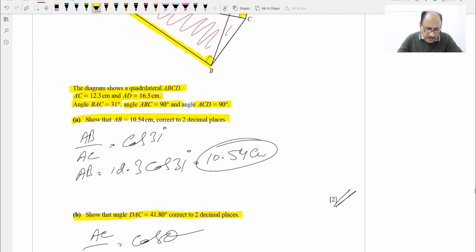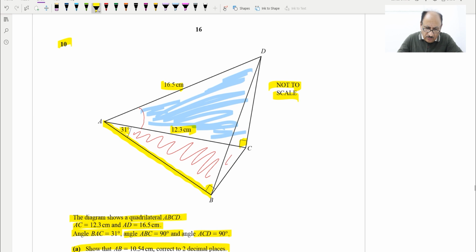Now BD is where? BD is basically this length. We have other lengths, for example this length which is 10.54, and we can use this angle also.